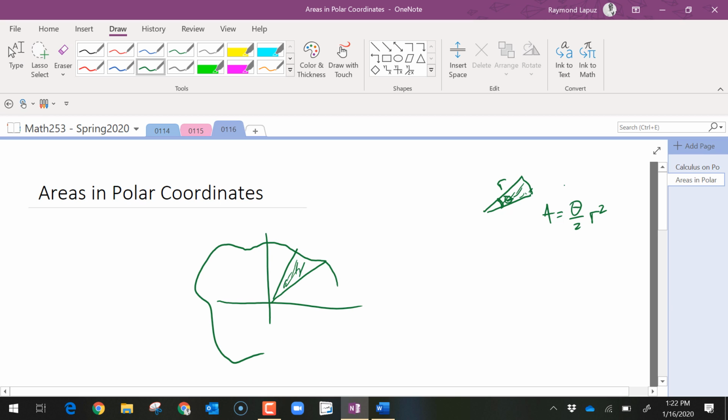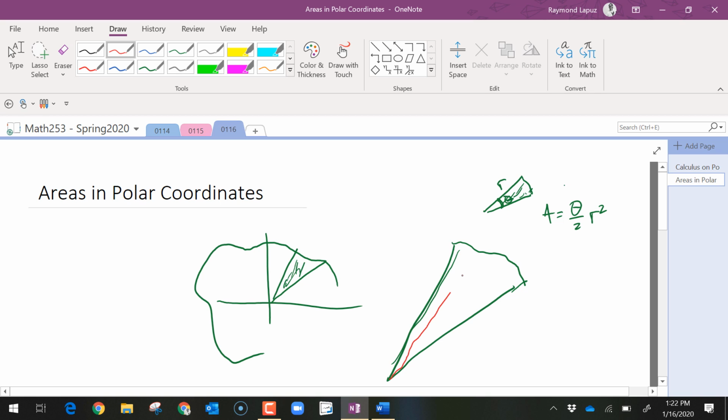Now let's blow this up a little bit. So what we're going to do is find areas of little sectors.